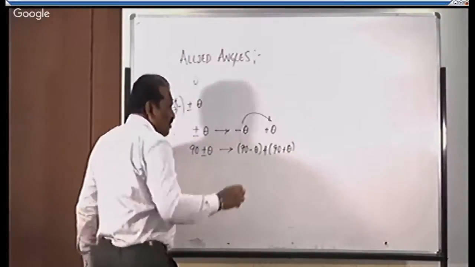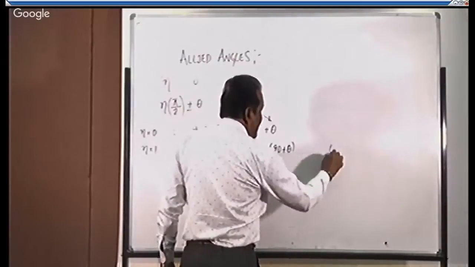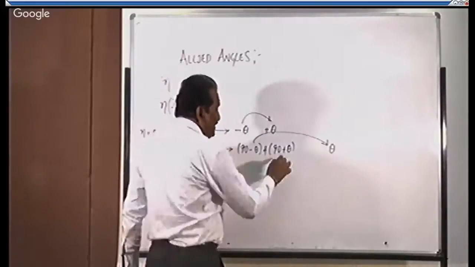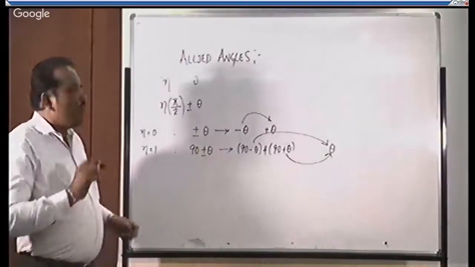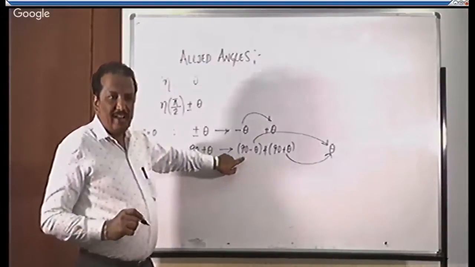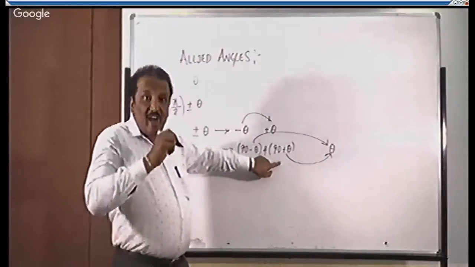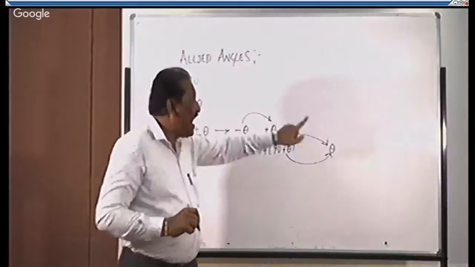We will observe how this 90 minus theta is connected to theta, and how this 90 plus theta is related to theta. In other words, we are going to connect all the trigonometric functions for 90 minus theta and 90 plus theta, and we are interested to know how all these angles are allied to theta.